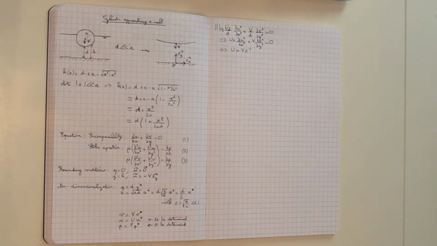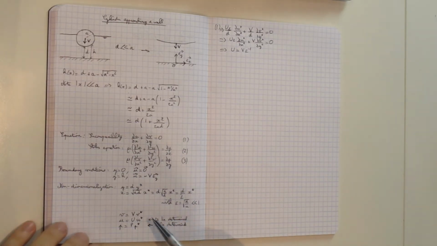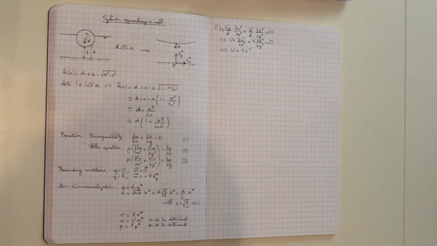Now I need to turn to p. And to determine p, I've got two more equations that involve p, and I'm going to plug my non-dimensionalizing quantities into the Stokes equation and see what they become.